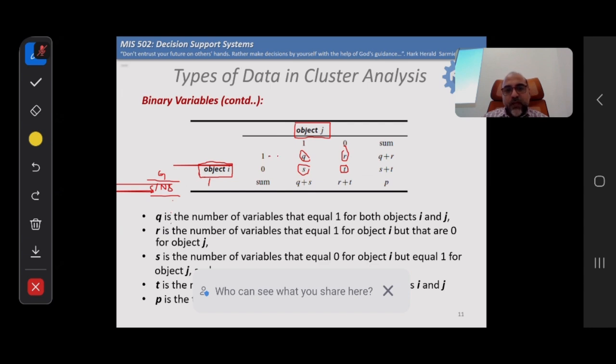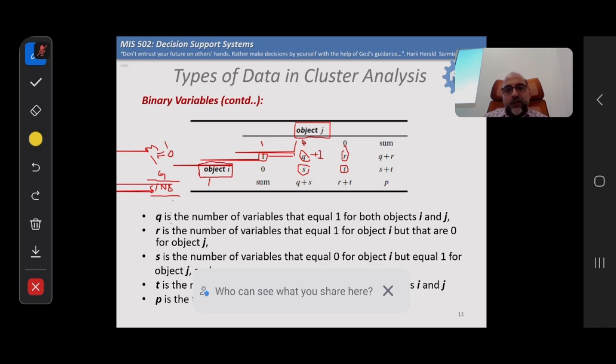So what you do is you compare characteristics of the first person and the second person. If their characteristics are one and one, both are male, then Q becomes plus one. You need to look at an example to understand it better. So you give everything a name. If, for example, in gender, male is one and female is zero, then Q will become plus one if both objects are male, both one and one.